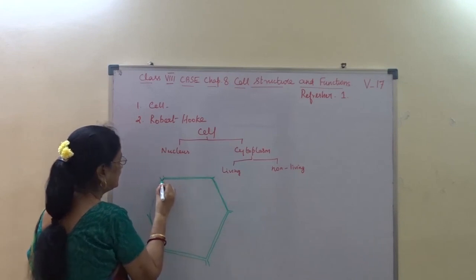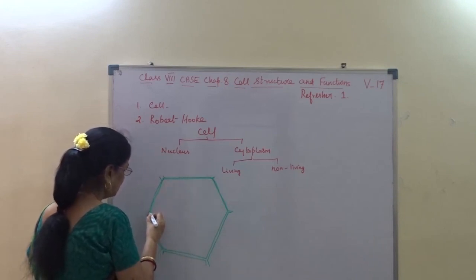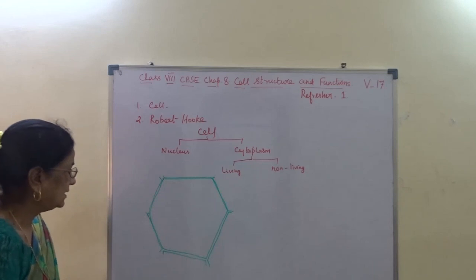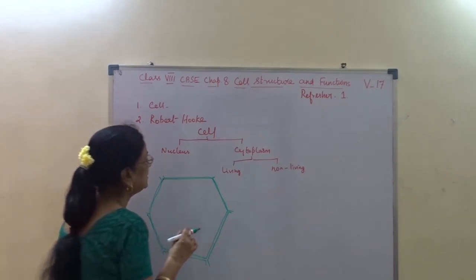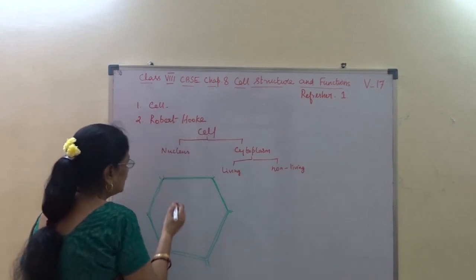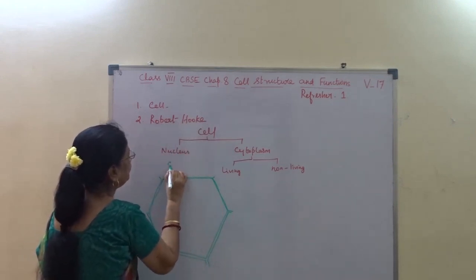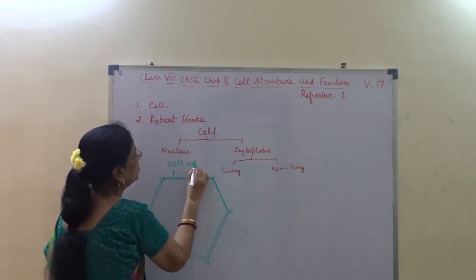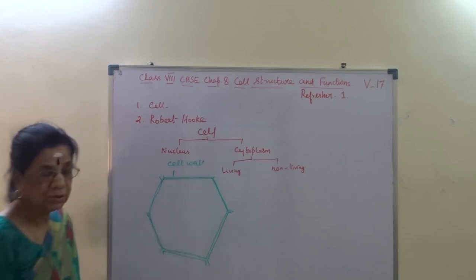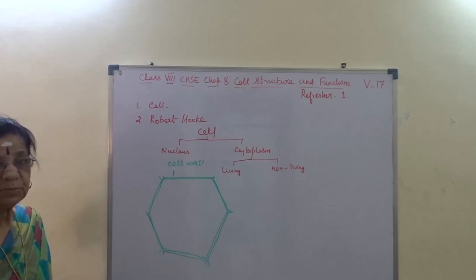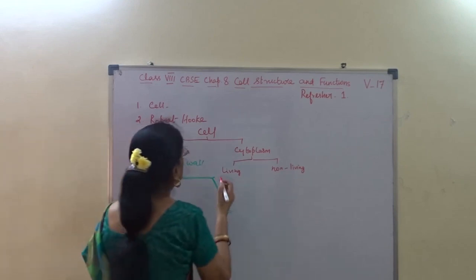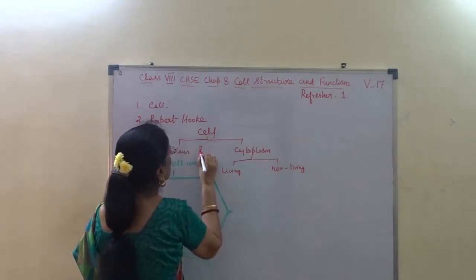So I am drawing it as a double layered structure. Outer cell wall, inner and outer. Right? And this cell wall, I will come to this. This is cell wall. Okay. Now this nucleus and cytoplasm together is called protoplasm.